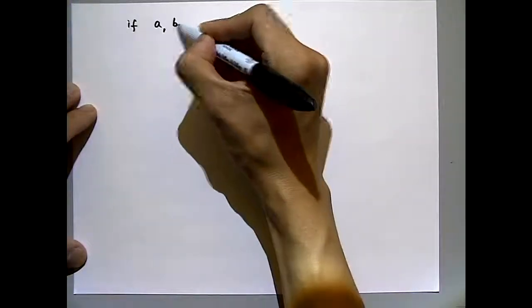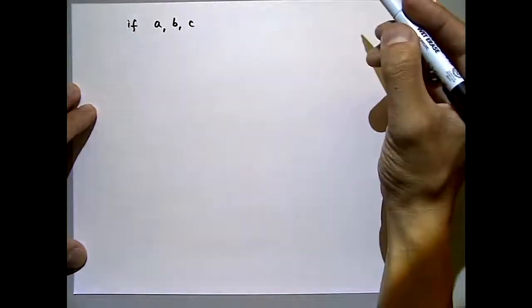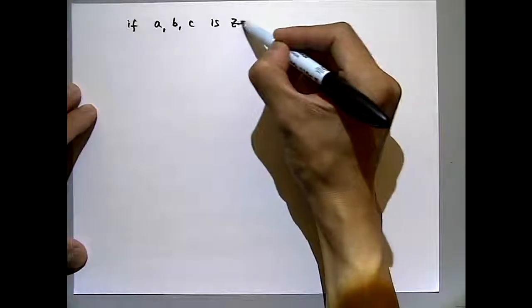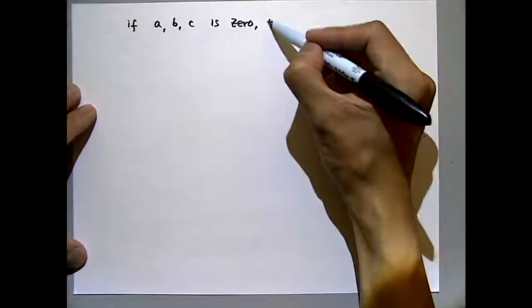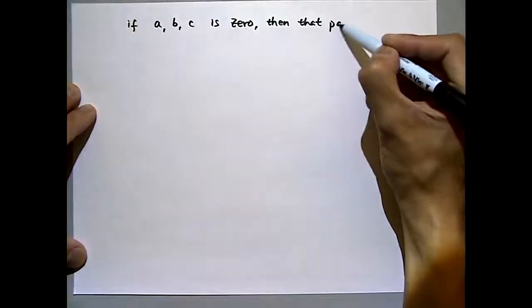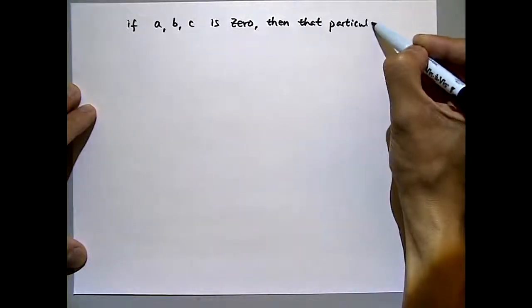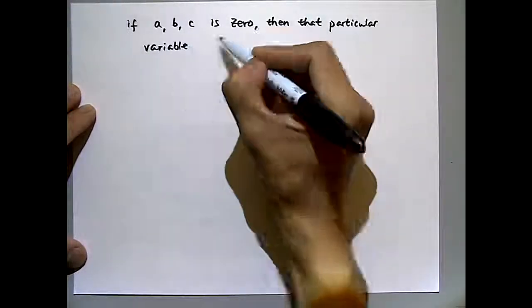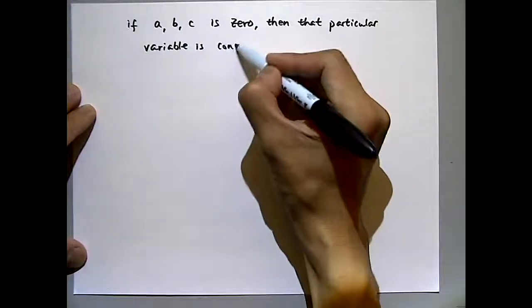Okay, so if a, b, c is 0, then that particular variable is constant.